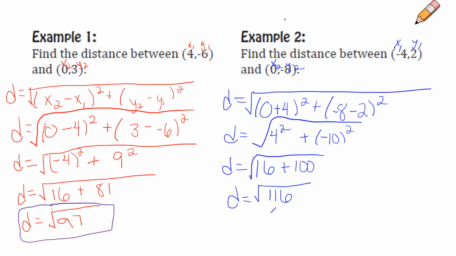And I found that 4 times 29. So the square root of 29 times the square root of 4 is in fact the square root of 116. So I broke it up that way. And now we know that the square root of 4 is 2, and the square root of 29 can't be broken down any further. So our final answer for example 2 is 2 square root of 29.